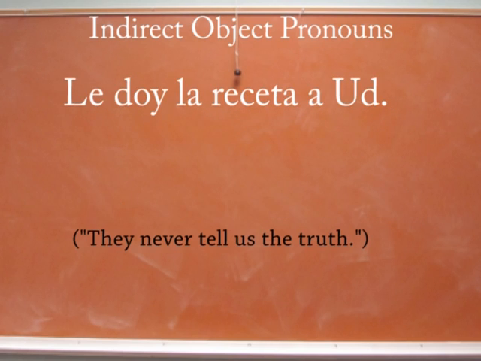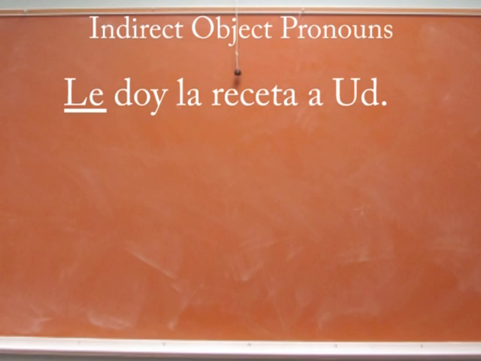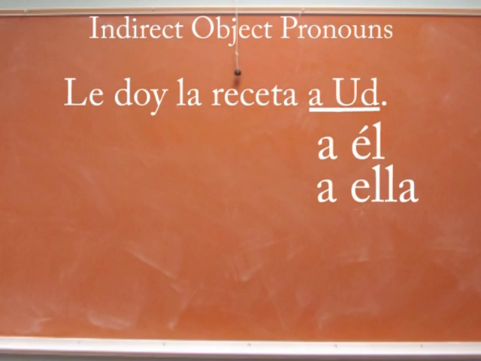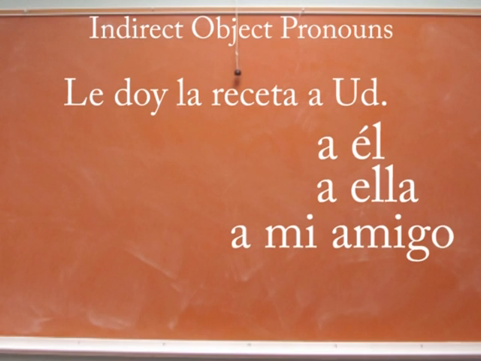When you use the indirect object pronoun le, it may be necessary to add a usted, a él, a ella, or a plus a noun for clarity and emphasis.